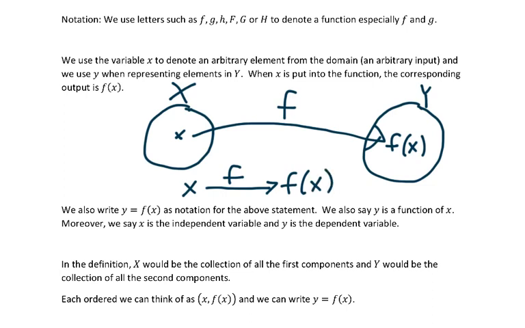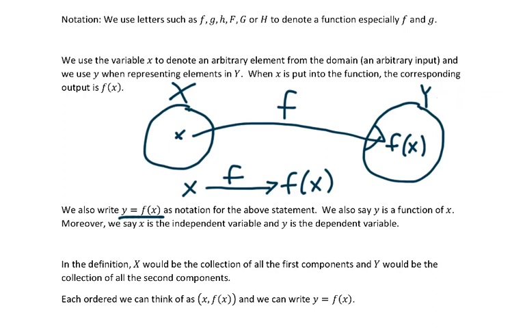And really, to denote that this is what's happening, people generally will write this. So if you see y equals f of x, which you will see when working with functions, in the background you have some set capital X, which is your domain. Capital Y is the set the range lives in.